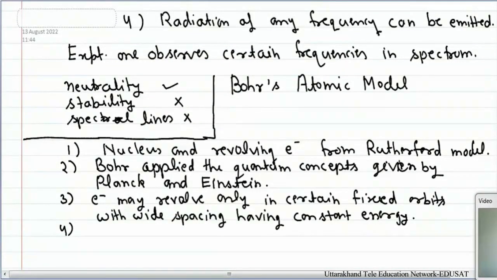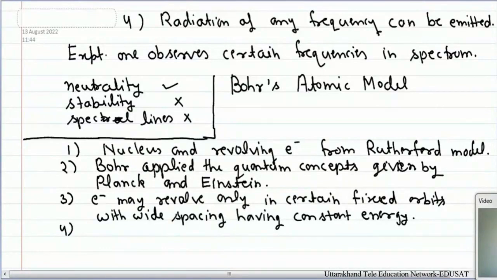So let us recall at this point the Rutherford model, in which he said that electrons may revolve in any orbit with any energy. Therefore, this is in contradiction. This point of Bohr is in contradiction with the Rutherford model.